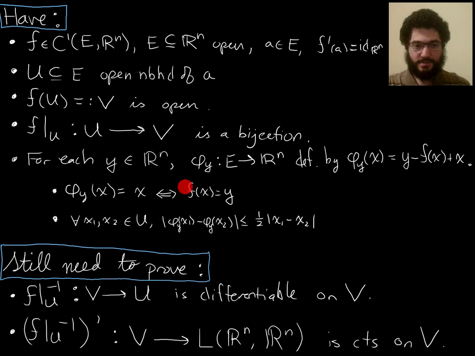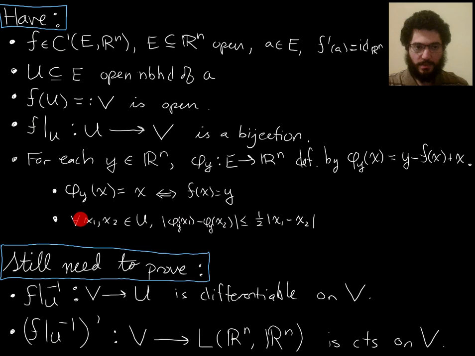So that is, we made use of that property to help us prove these two facts here about U. And to do that, we needed to know this fact about phi sub y, which we basically chose U to make this work.